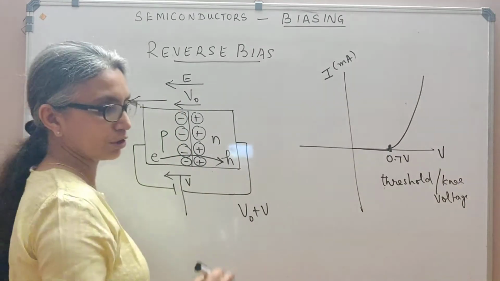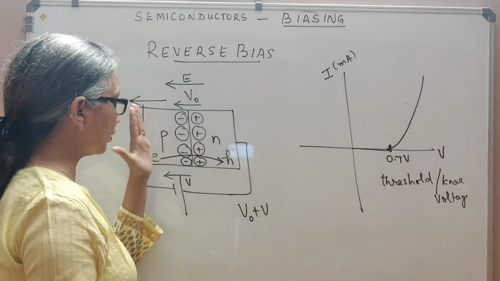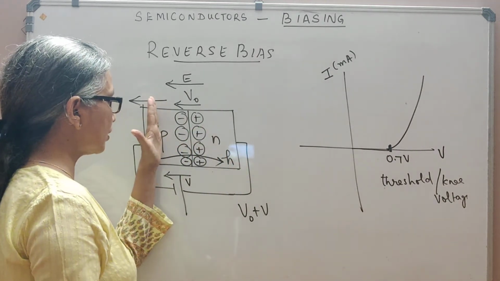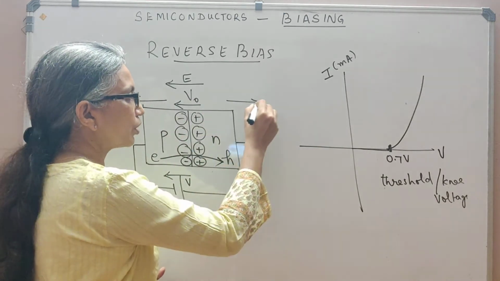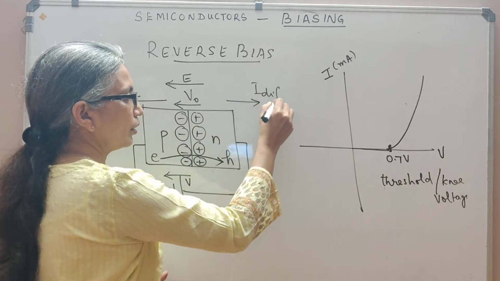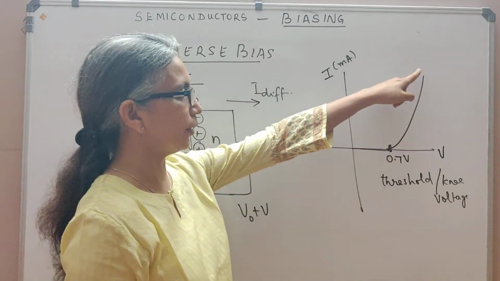Okay, reverse direction. I told you, in the forward biasing, the majority carriers, electrons, are moving in this direction, holes were moving from P to N. So we had diffusion current from P to N. So we drew this here.